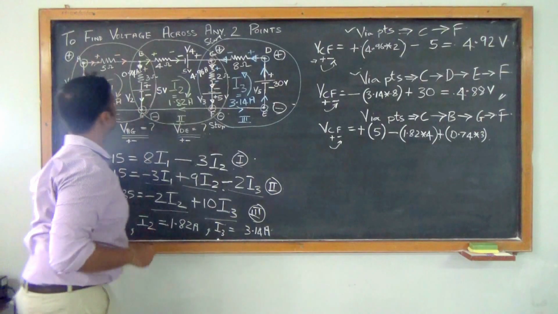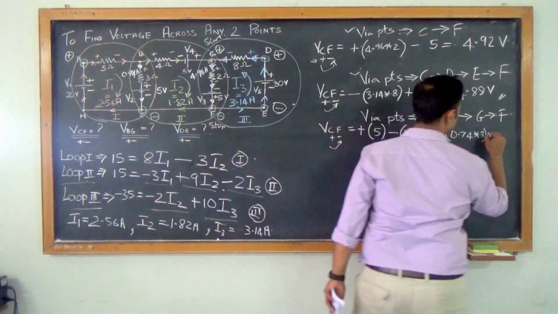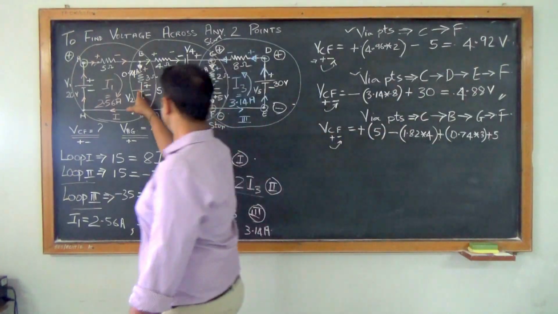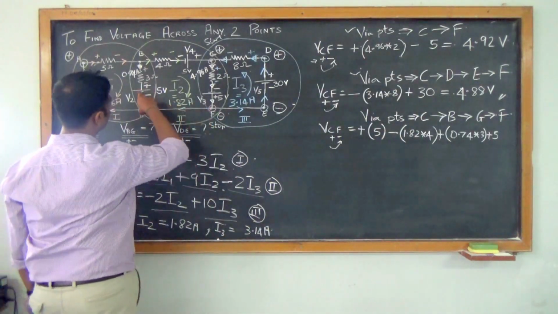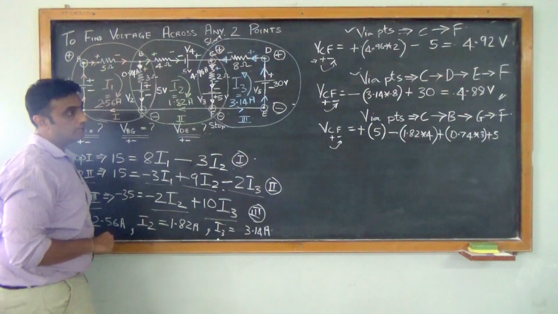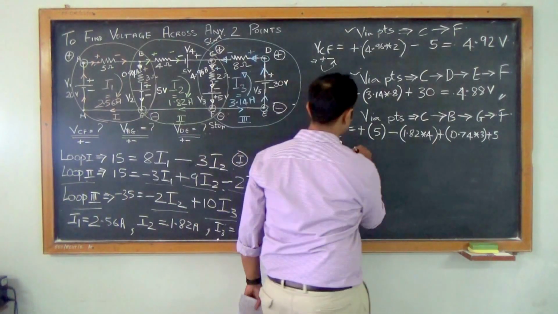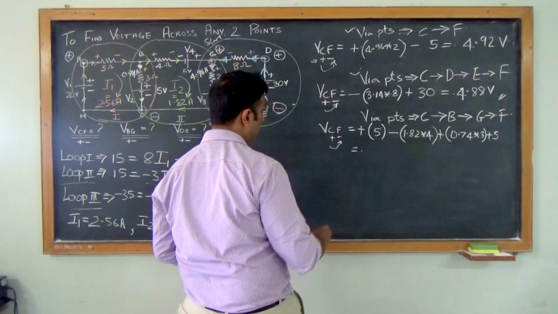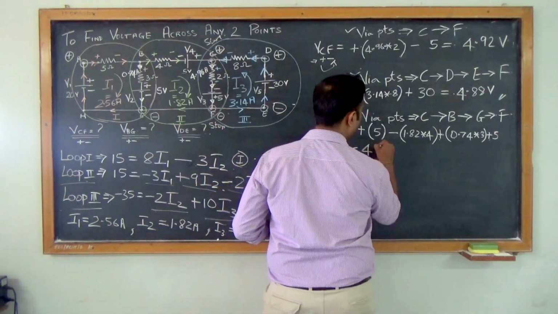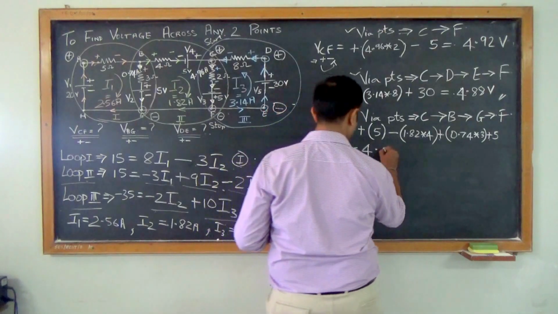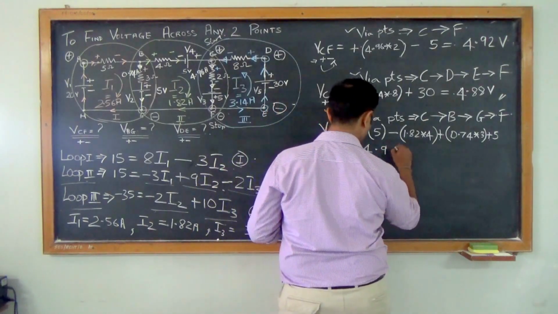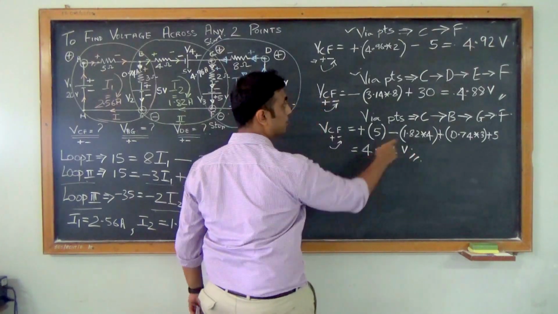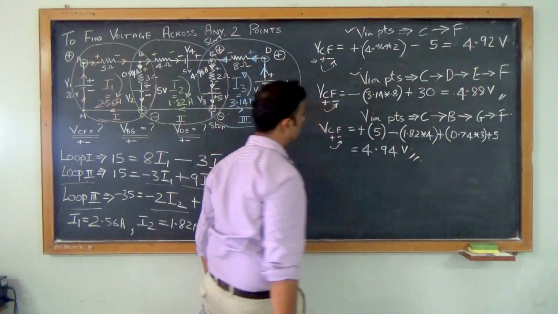Positive into positive, positive. So plus 5. Then any voltage source or current source? No. So after that it moves directly to F. So what is the value of this? So we get the value as 4.94 volts, which is again equivalent to the values you obtained.